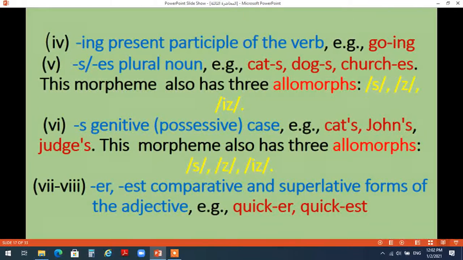And the last two examples of inflectional suffixes are the er or the est, comparative and superlative forms of the adjective. As you see in the example, quick is the adjective, and we can say quicker in the comparative form, and quickest in the superlative form.